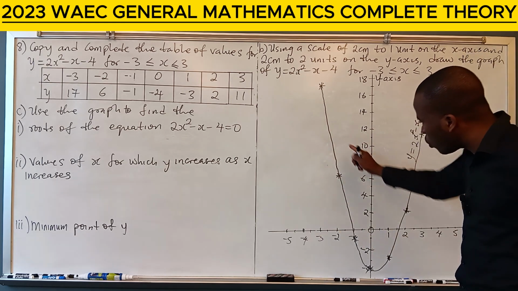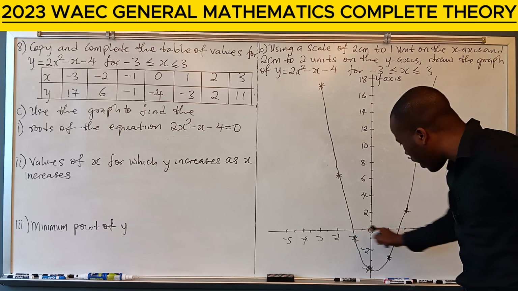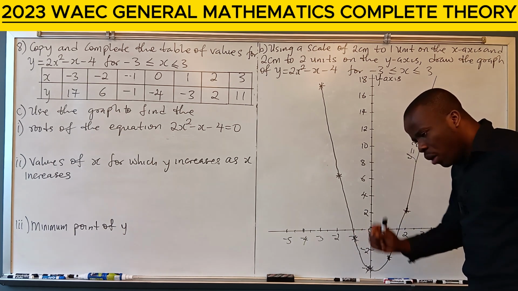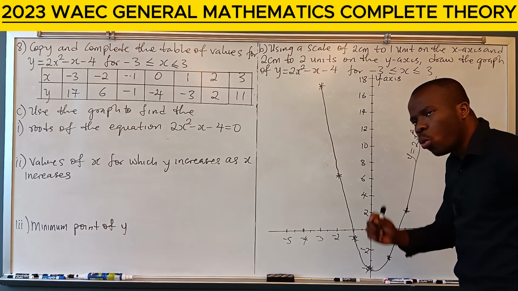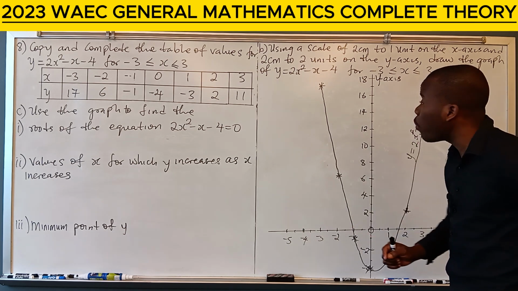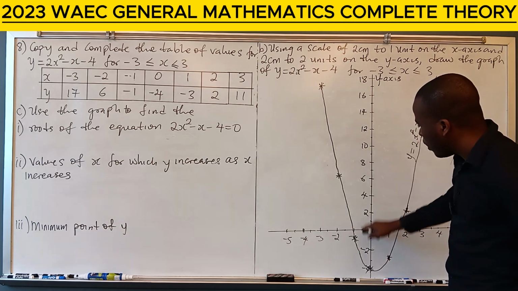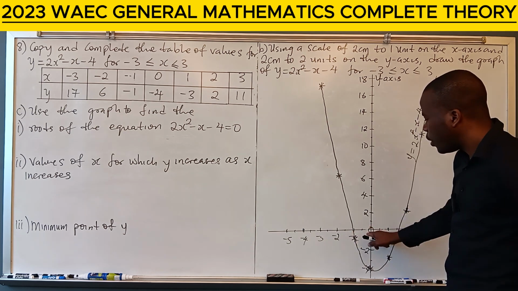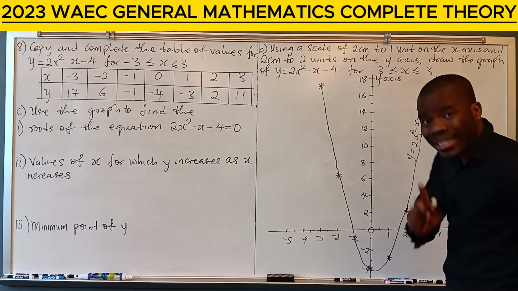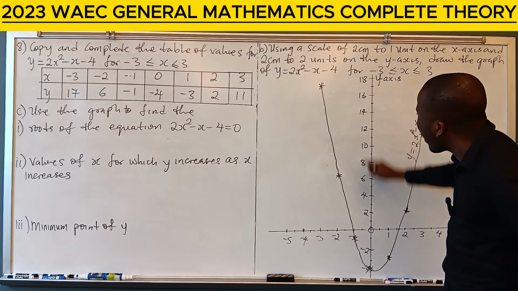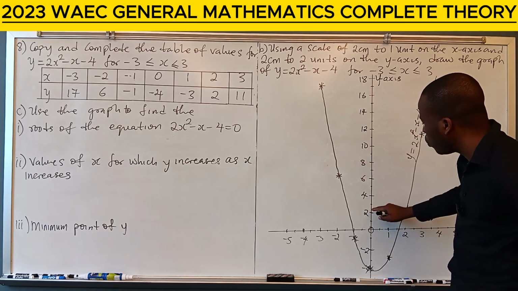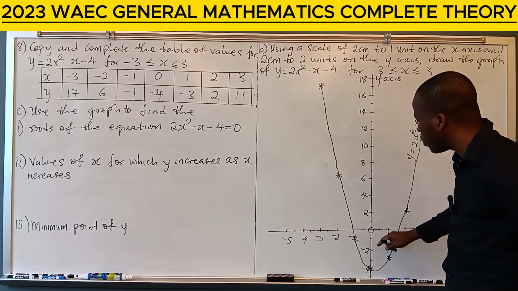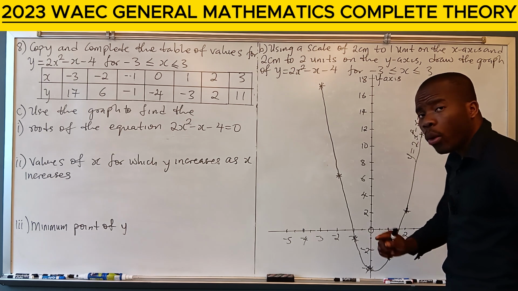If you are with your graph, you should be able to read what each box stands for. For instance, in our x-axis where we have 2 cm to 1 unit, each box is 0.1. For our y-axis where we have 2 cm to 2 units, each box is 0.2.